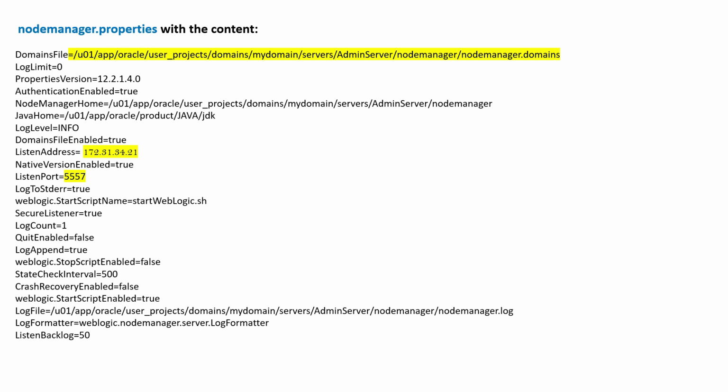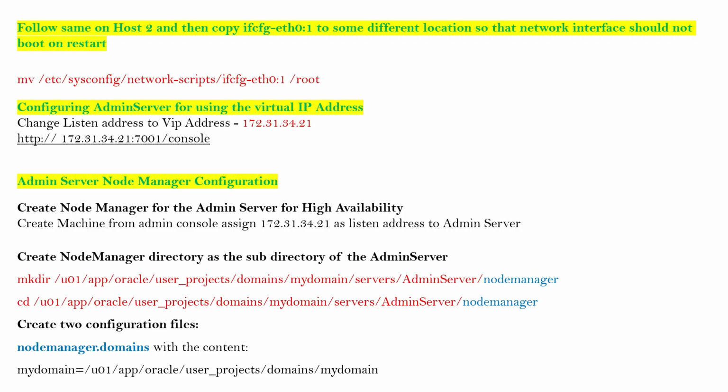Apart from that, we have to change the listen address to the virtual IP. Because by default you already have a node manager running on the default port 5556, and now because we are creating a node manager for my admin server, it should be running on some different port. So these three parameters we have to change in the node manager.properties file, right? So that means we have created a node manager home for our admin server.